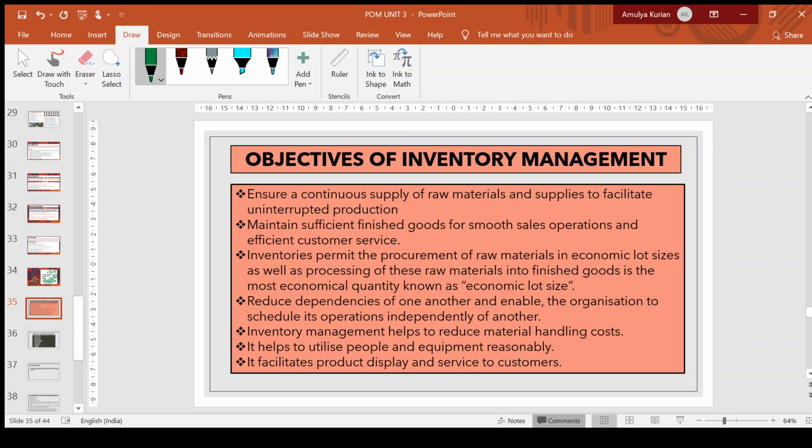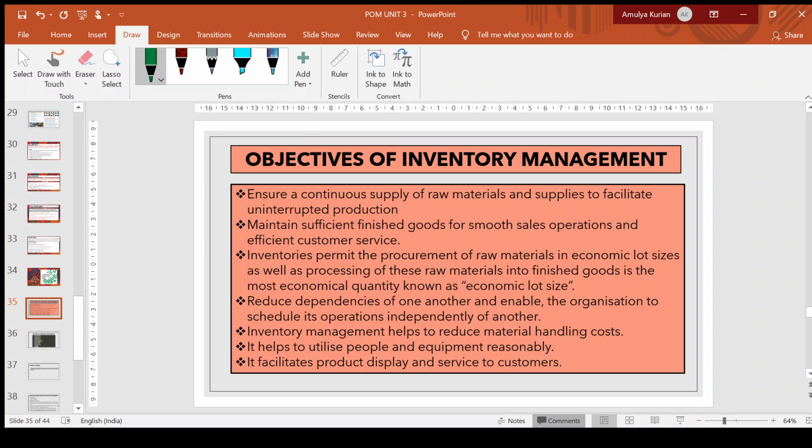Then third, inventories permit the procurement of raw material in economic lot sizes, as well as the processing of this material into finished goods in the most economical quantity, known as economic lot size.